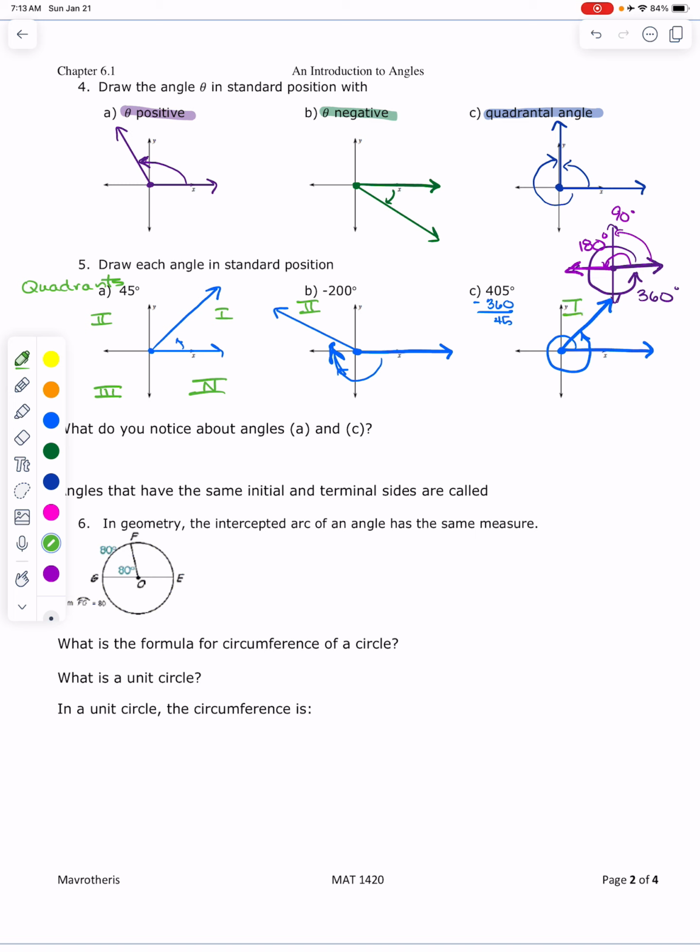We notice that angle A, our first angle, that 45, and angle C, that last angle, end up in the same place. So they have the same terminal side. So they end, and I'm going to put that in quotes, in the same place. Mathematically, they share the same terminal side.